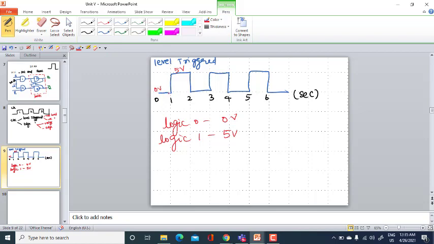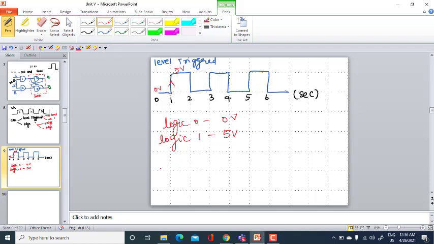Okay, so whenever there is a change in state from 0 to 1, from 0 volt it is going to 5 volt, this is said to be positive.